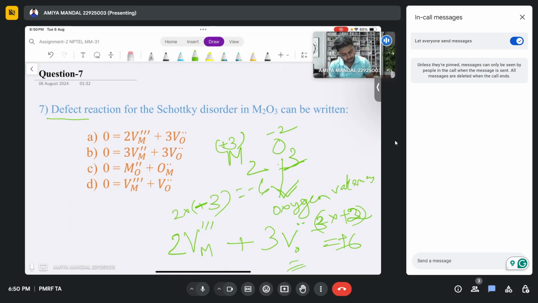So charge is also balanced there, site is also balanced there, and mass is also balanced there. So this is nothing but null, phi or 0. Okay, so A is correct here. From there you can see that A is correct here. Okay, see again now.